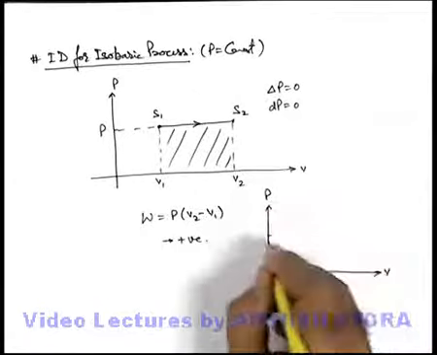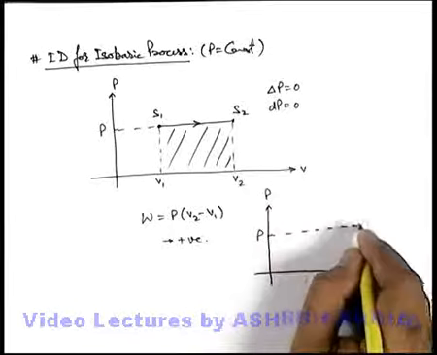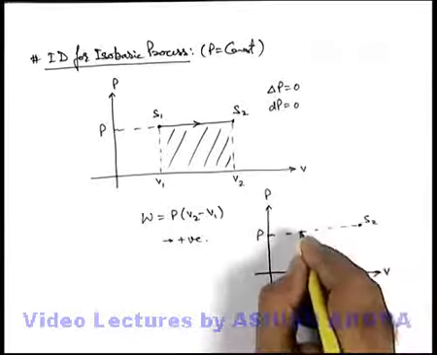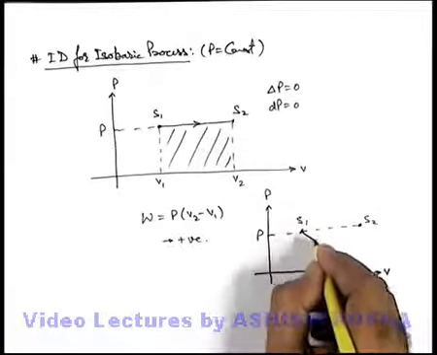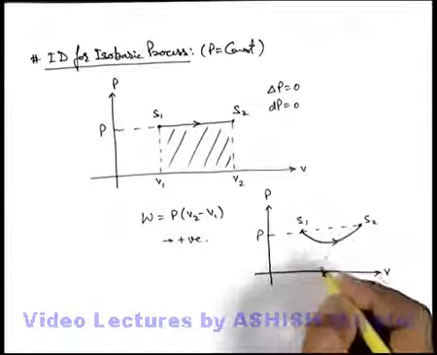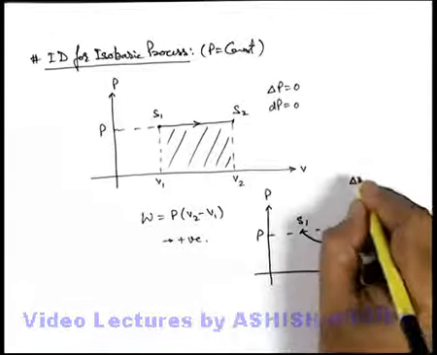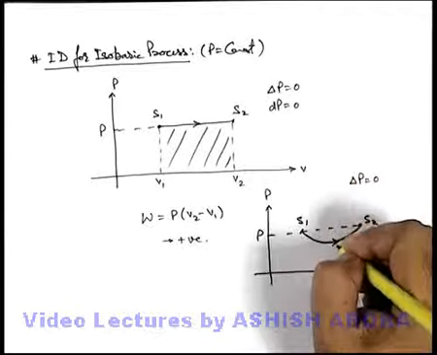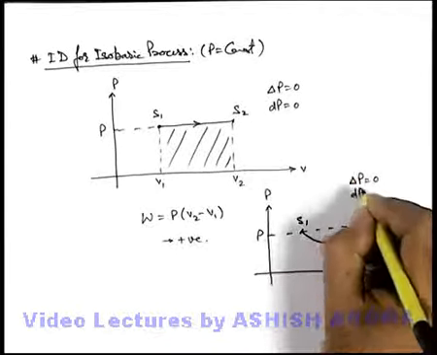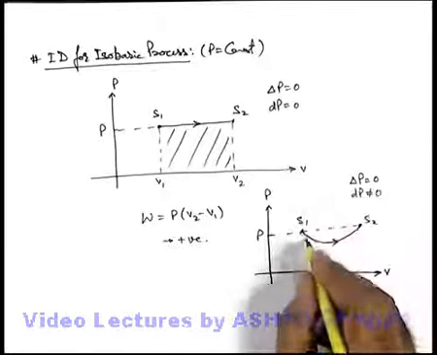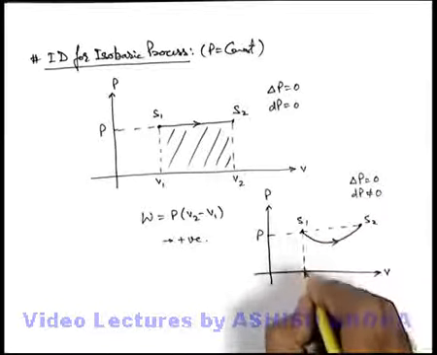Like this situation, if initial and final states are having same pressure but the curve is moving like this. So in this situation we can write delta P is 0, but it is not an isobaric process because here dP is non-zero, the pressure is changing at intermediate states.